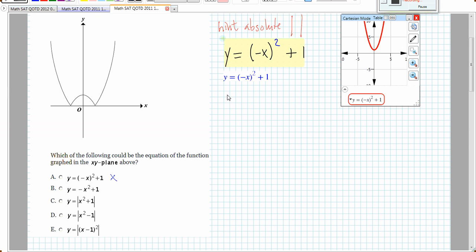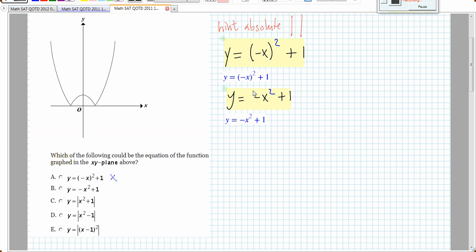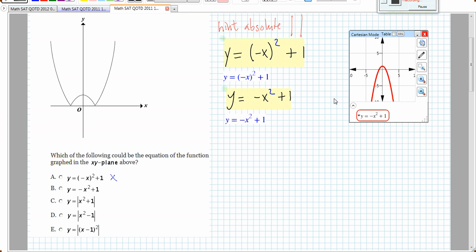Let's try the next one. y equals minus x squared plus 1. When I put the minus sign out in front of the x squared, basically I'm flipping over the parabola. Let's take a look at what that equals. We'll close this one down since we know it's not that one.